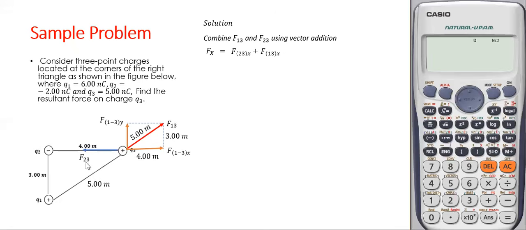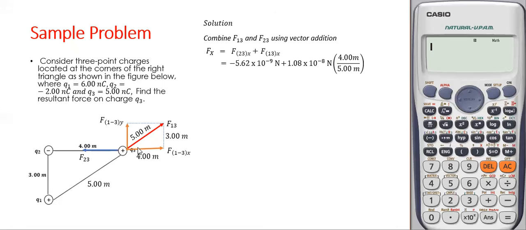So, in this case, makikita natin lie along x-axis si force F2 to 3 at papunta siya sa kaliwa. So, we have here negative 5.62 times 10 raised to negative 9 Newton plus yung horizontal component ng ating force F1 to 3, and that is equal to 1.08 times 10 raised to negative 8 Newton multiplied by the definition of cosine, okay, that is adjacent over hypotenuse.